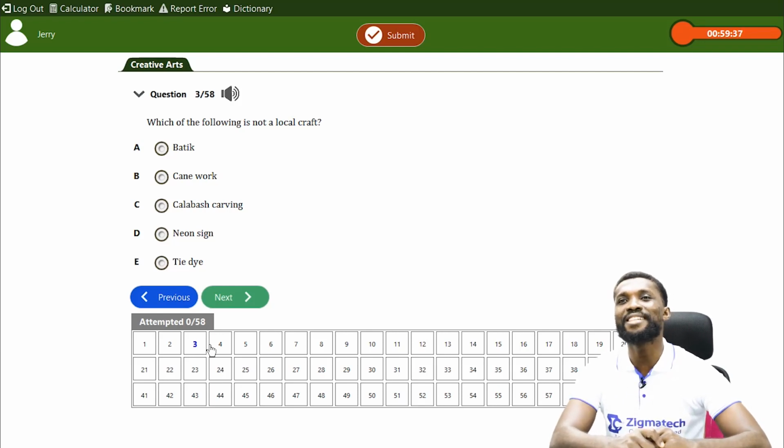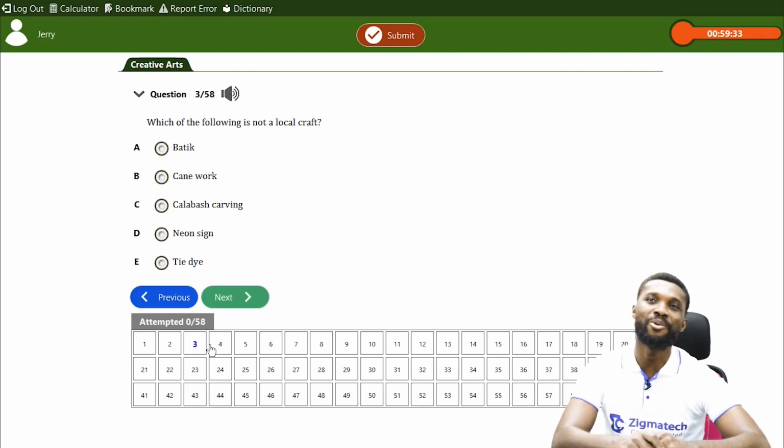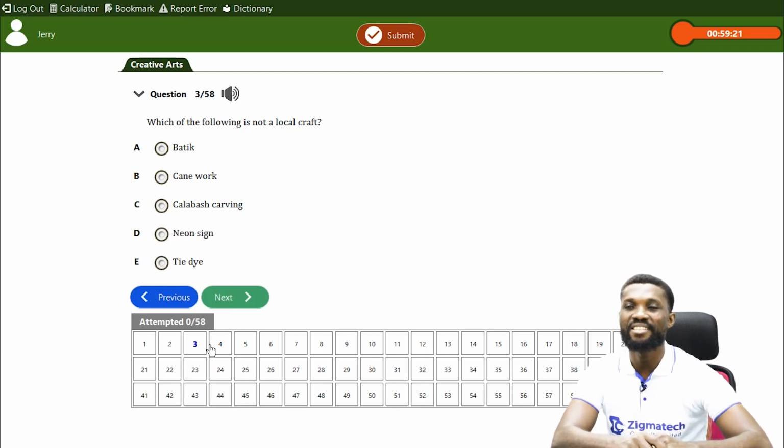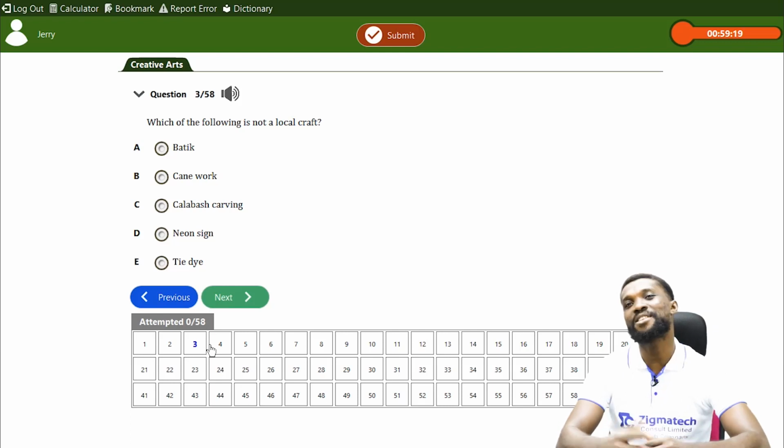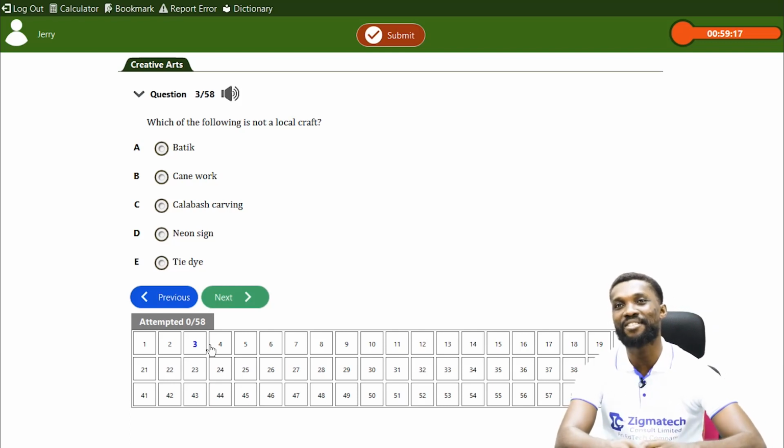Which of the following is not a local craft? A, batik. B, cane work. C, calabash carving. D, neo sign. And E, tie and dye. Common sense will tell you tie and dye is a local craft.